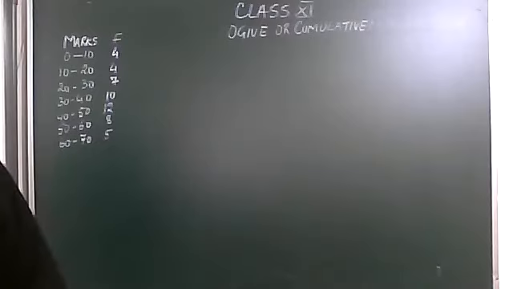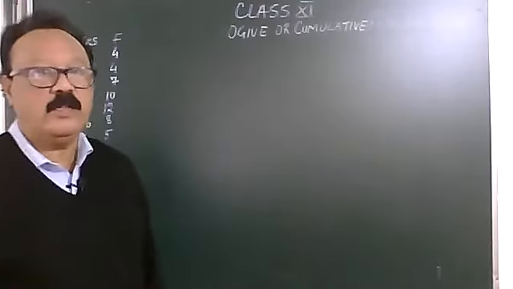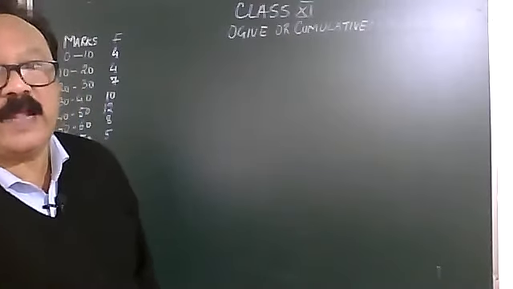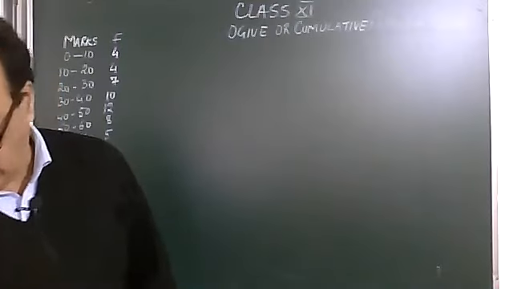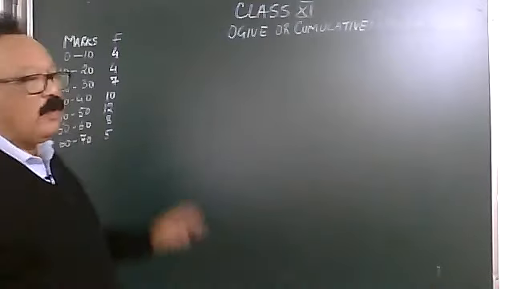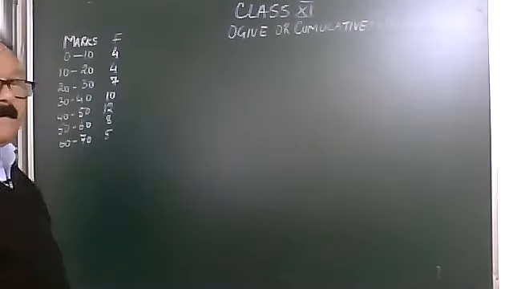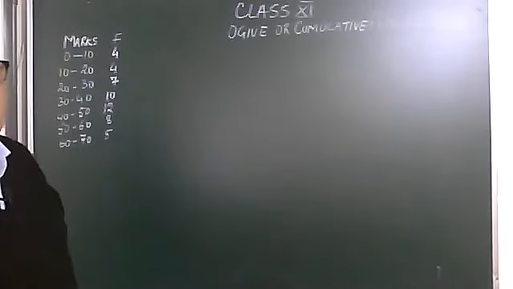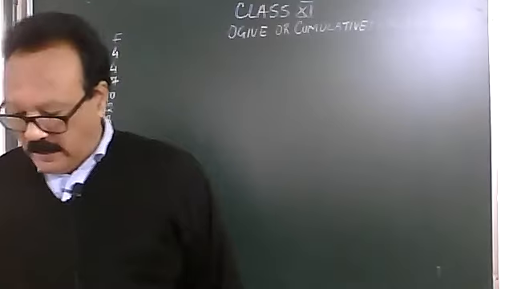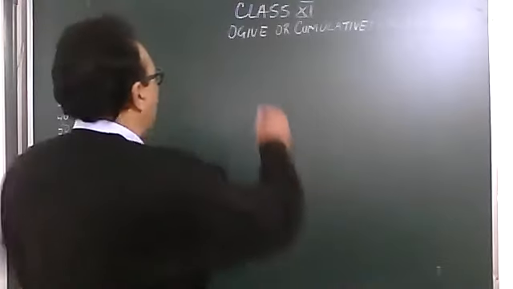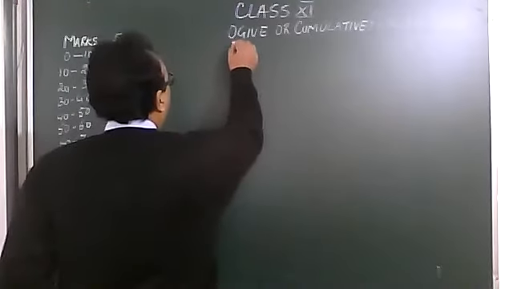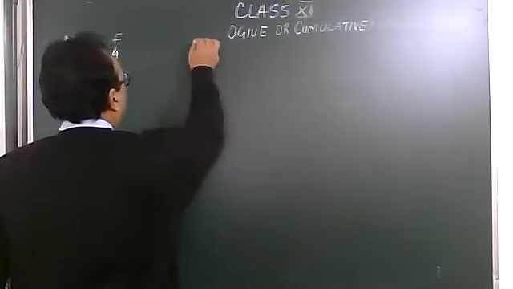Now we can prepare the OJI, like I said, in two methods, the less than method and the more than method. So first of all, what do we do with this data? We convert them into the less than and the more than cumulative frequency distribution. So here you will write cumulative distribution on the side.